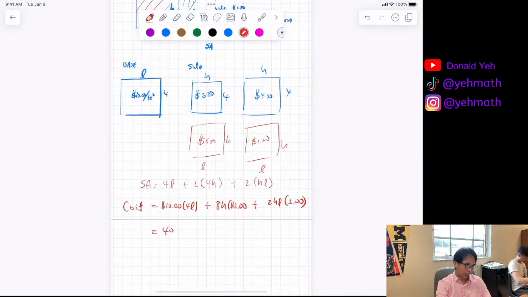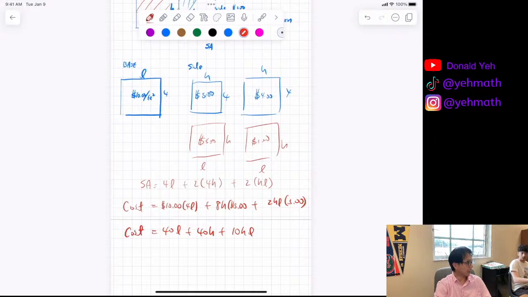So that's equal to 40L plus 40H, I think, plus 10HL. So that becomes the cost.